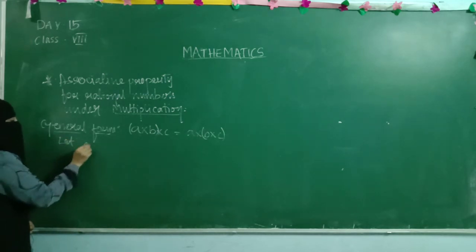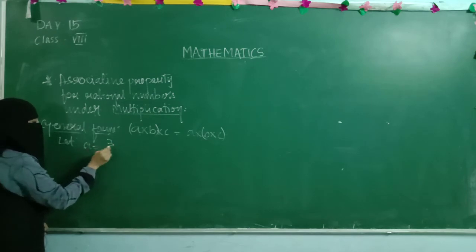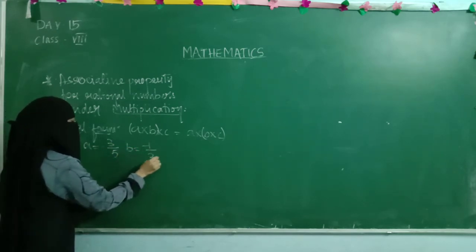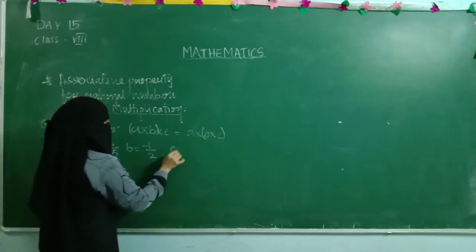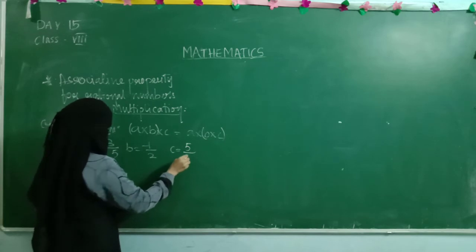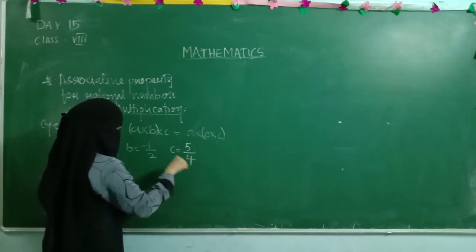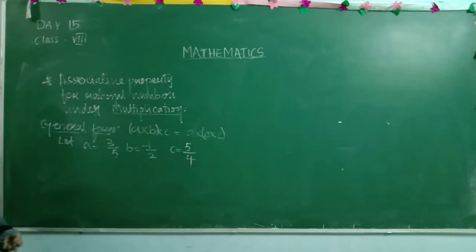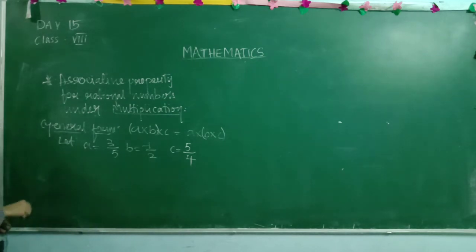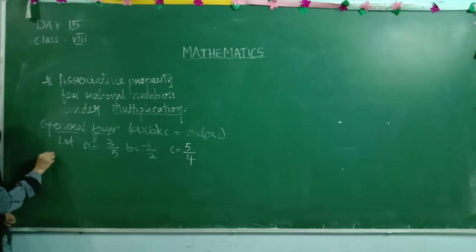So let A equals 3 by 5, B equals minus 1 by 2 and C equals 5 by 4. Fine, these A, B, C we have taken and all these are rational numbers only. Now we are going to take the first part, LHS.